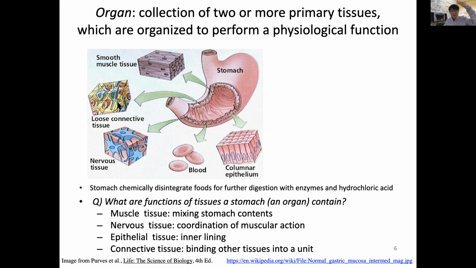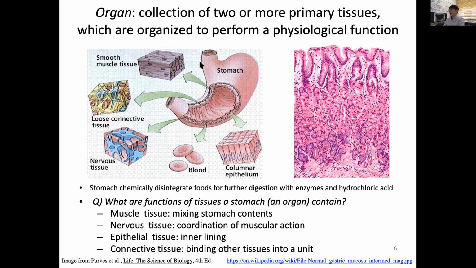Let's take a look at a cross-section of the stomach. This pinkish, blue and pinkish stain is a famous one called hematoxylin and eosin staining, or simply H&E staining. You can see the darker, bluish ones are the nuclei, and the pinkish ones represent proteins, so that pathologists can see and distinguish.